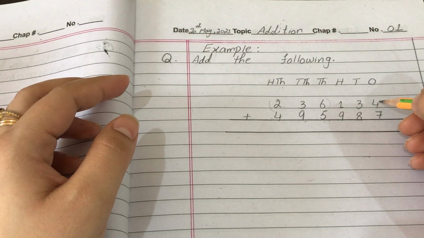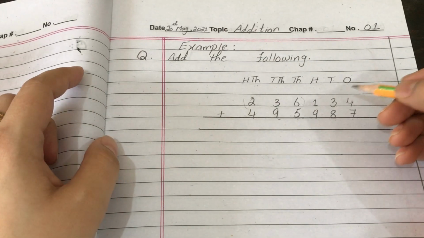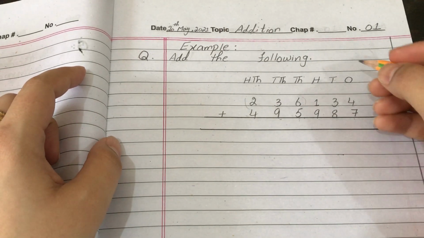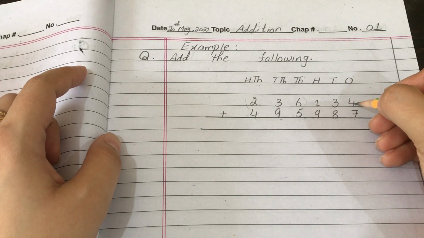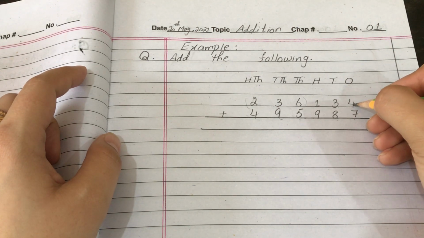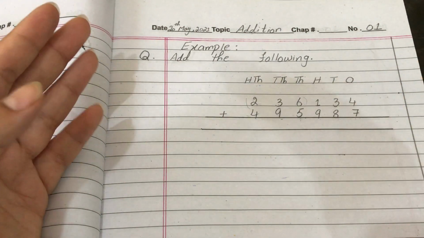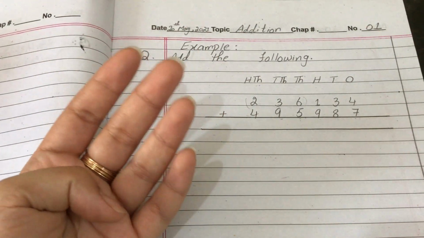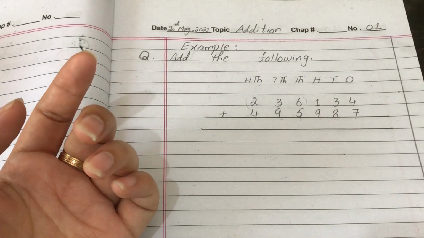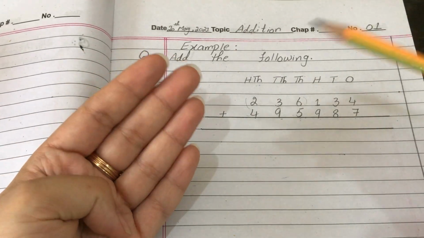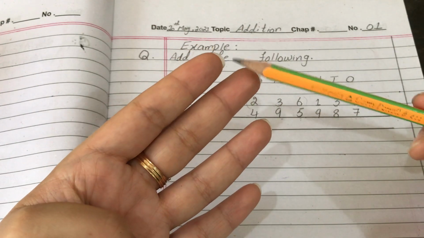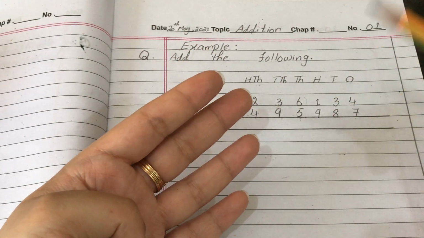Students, as you all know, we always start addition from the ones place, or units place, right? Then the digits in the ones place are 4 and 7. What you should do, you can start counting after 4 or you can start counting after 7. It's totally your choice. So if I have to add 4 with 7, I will start counting after 7.